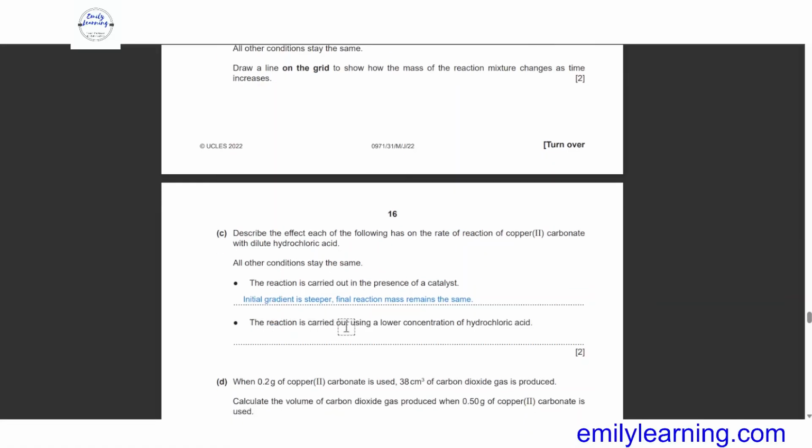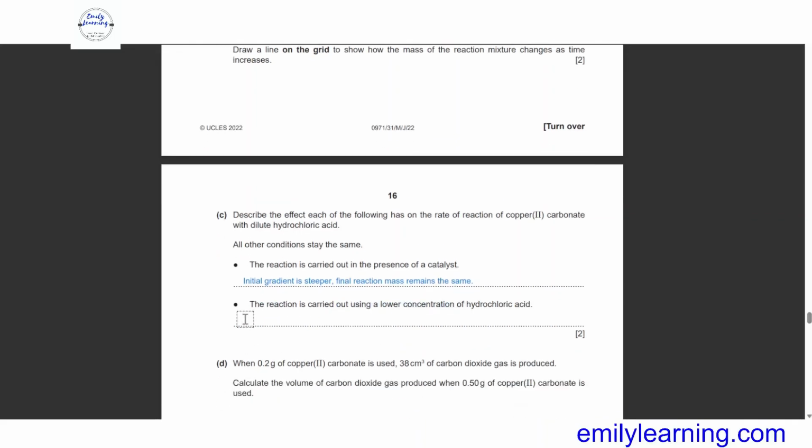Next, the reaction is carried out using a lower concentration of hydrochloric acid. When you use a lower concentration, the initial gradient is more gentle, because with lower concentration the rate of reaction decreases.